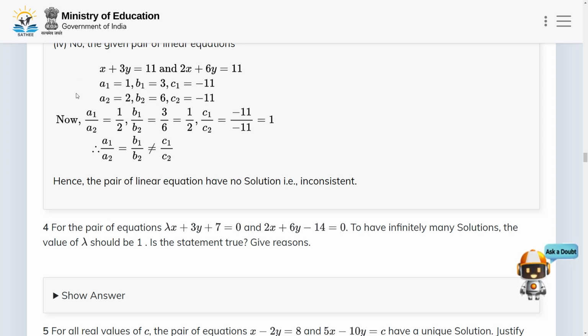Now a1 by a2 is equal to 1 by 2, b1 by b2 is equal to 3 by 6, that is actually equal to 1 by 2, and c1 by c2 is equal to minus 11 by minus 11, that is equal to 1. So since a1 by a2 is equal to b1 by b2 but does not equal c1 by c2, hence the pair of linear equations has no solution, that is, inconsistent.